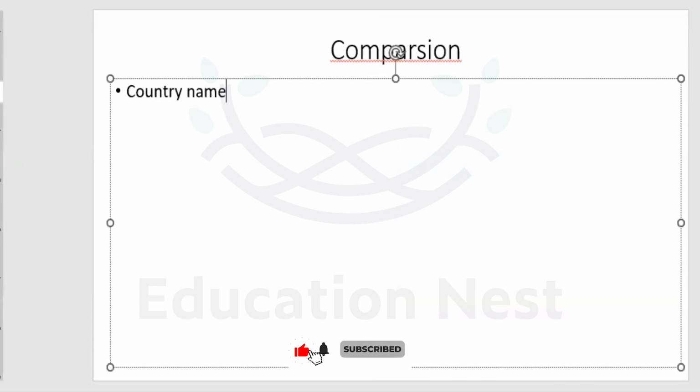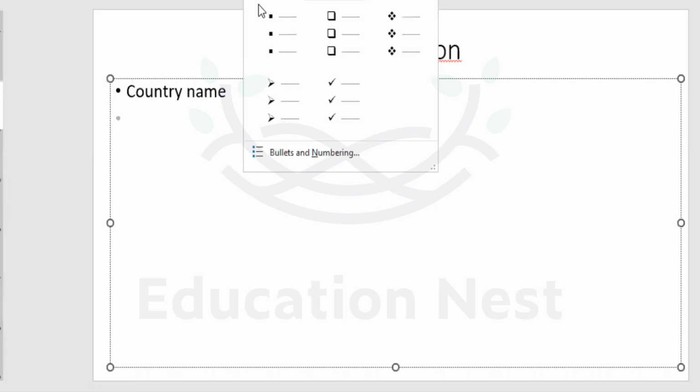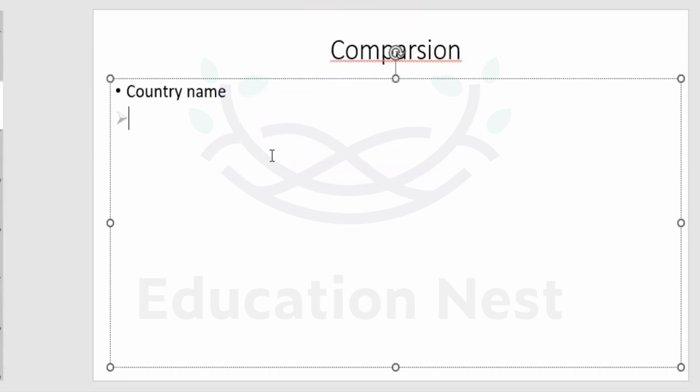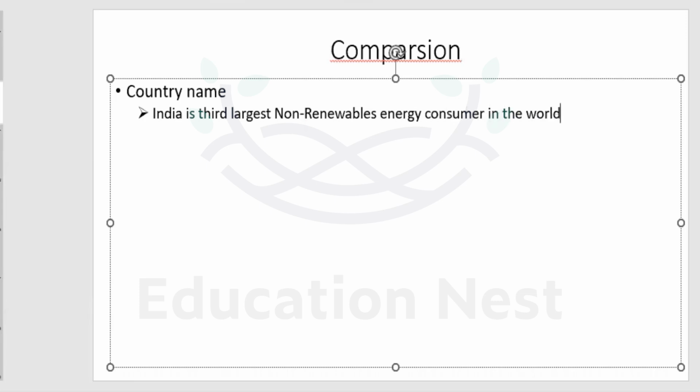Country name. Again, I'm not going to write an essay or anything. We just read very short bullet points. India is the 3rd largest non-renewables energy consumer in the world.